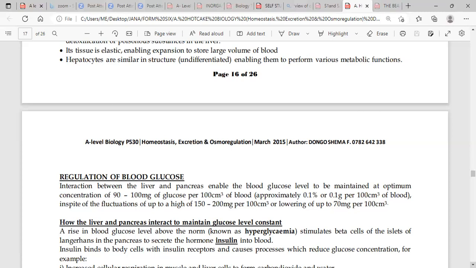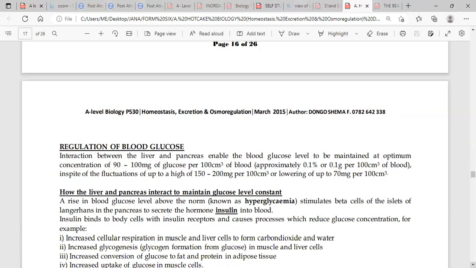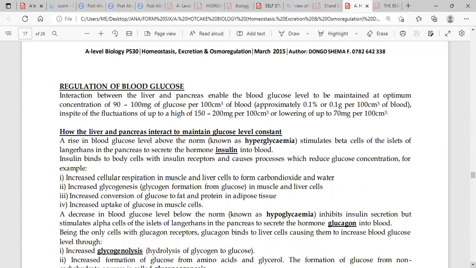But there is an interaction between the liver and the pancreas that enables the blood sugar level to be maintained at the optimum concentration of 90 to 100 milligrams of glucose. And how does it perform that very role? Here we go. How the liver and pancreas interact to maintain glucose level constant.